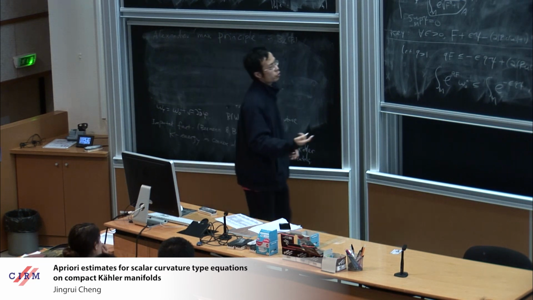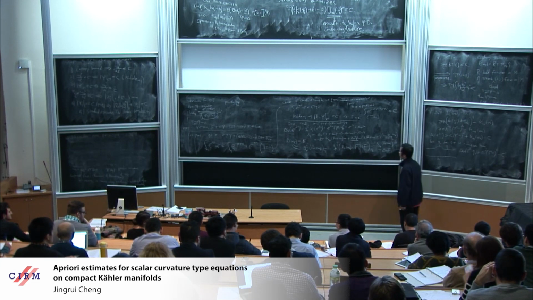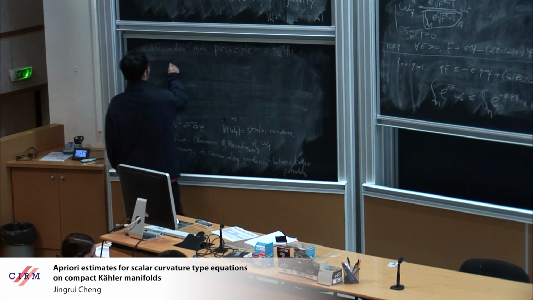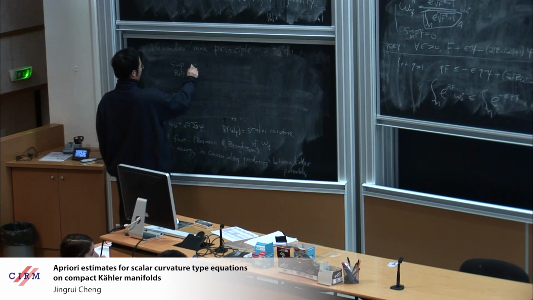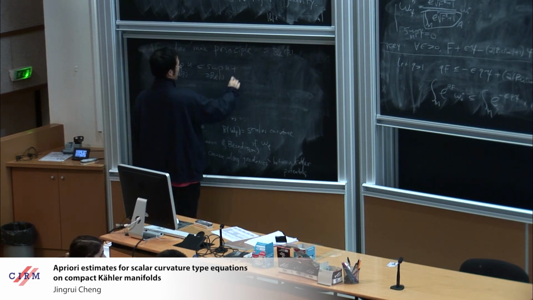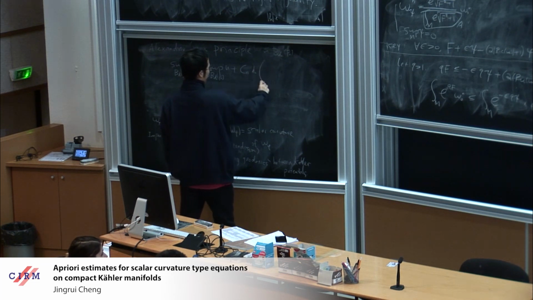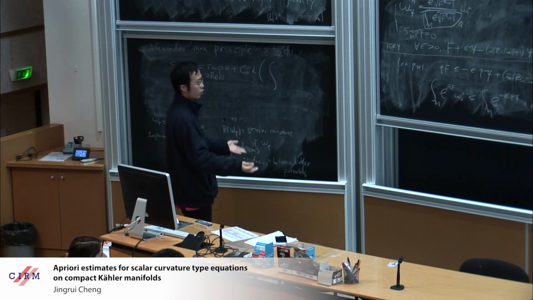We have just chosen a ball near the point where this function achieves max, and then you apply the Alexandrov maximum principle there, and you get that the sup over the ball is controlled by the sup over the boundary plus the integral, with c depending on dimension, times the diameter. And the extra term is the right-hand side to the power of the dimension.